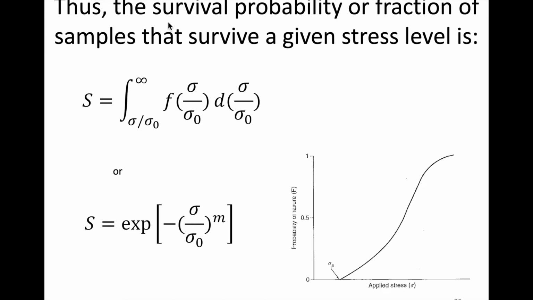Therefore, our survival probability is, again, the fraction of samples that will survive a given stress level. We can write it here as an integral, or we can simply write the solution: the survivability probability is equal to the exponential of minus that random variable, which is stress over the characteristic normalizing stress, raised to the Weibull modulus.